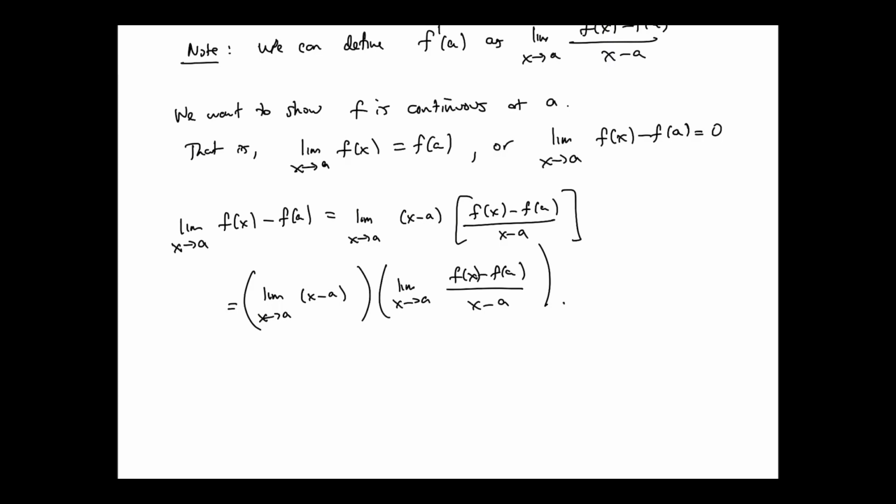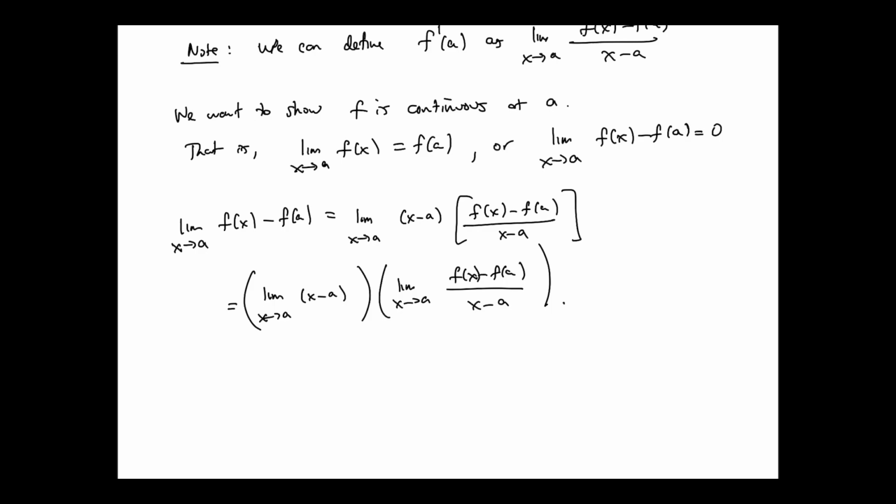Now that's a little harder to see. Does it exist? Well, okay, if you just plug a equal to x in, what do you get? You get 0 over 0, which is a problem, okay?